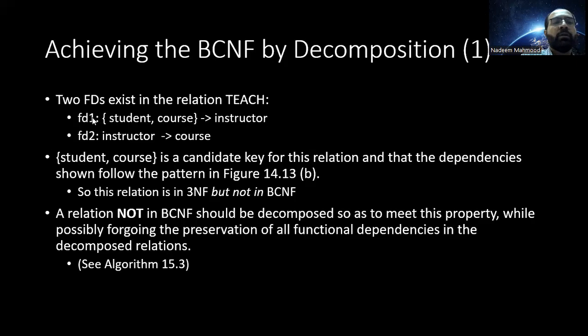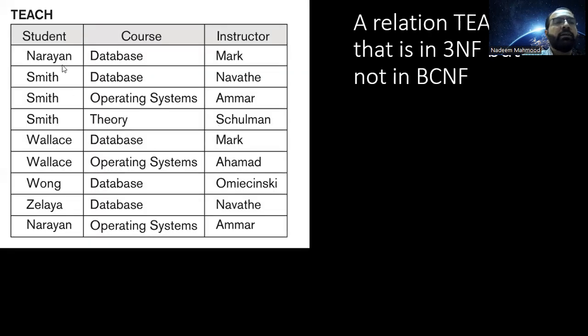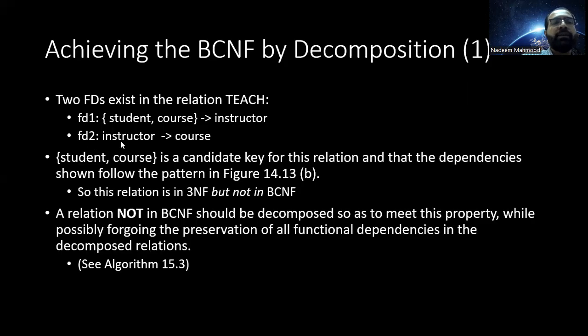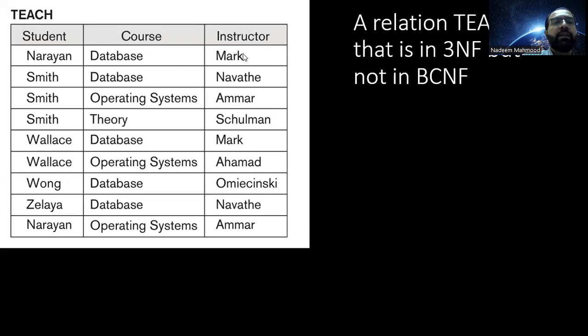The two FDs that exist in the relation: FD1 is that from student and course, we can determine the instructor. It means if I know Smith and database, we can determine the instructor. Smith and operating system, we can determine the instructor. And FD2 is that from instructor we can determine the relevant course, for example from instructor Mark to database.